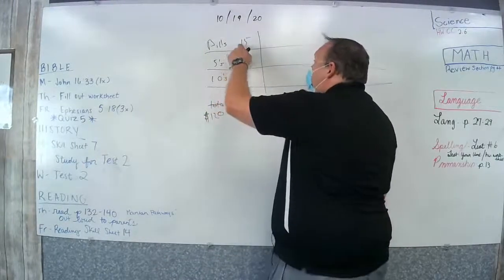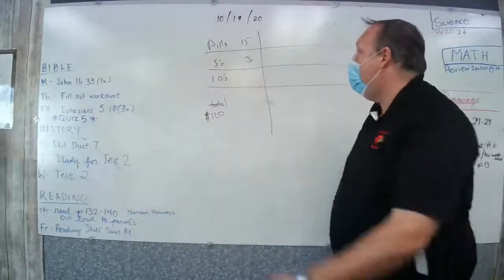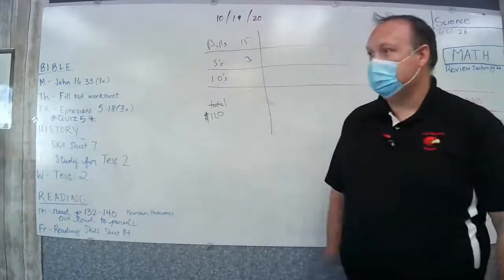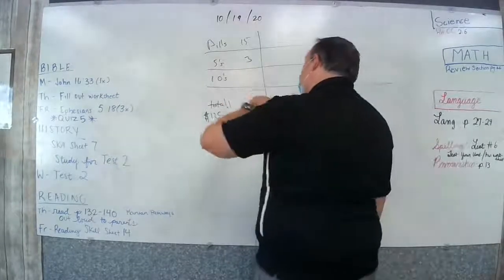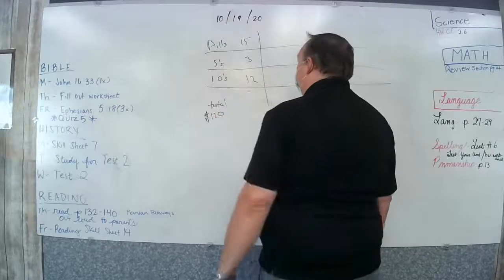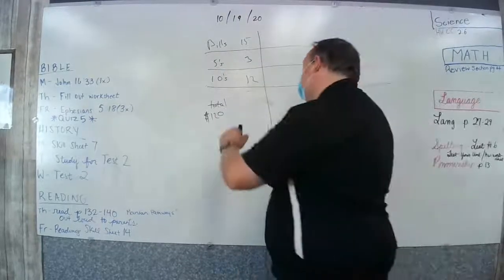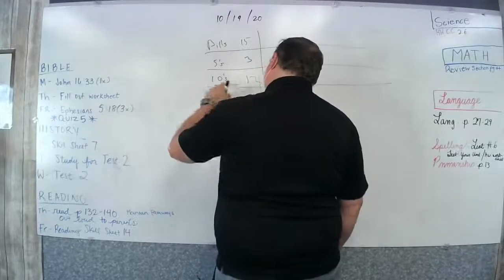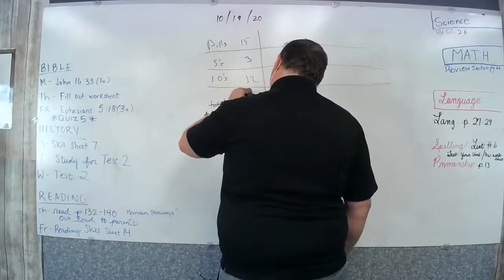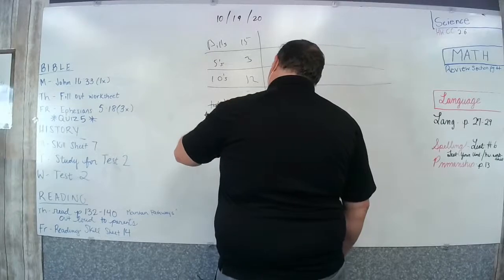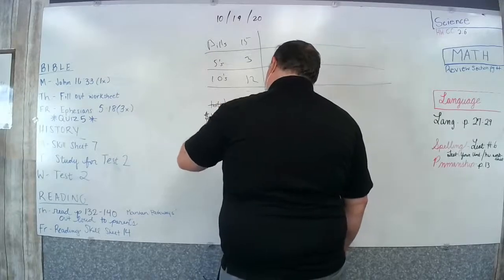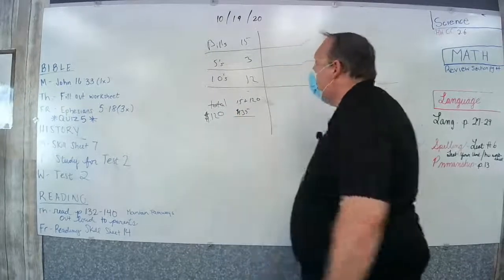If she has 15 total bills and 3 of them are $5 bills, how many 10s would she have? 12. Okay. 5 times 3 is 15. 10 times 12 is 120. So she has $135 then. Is that what we want? No.